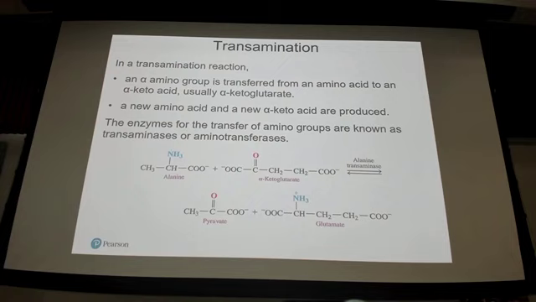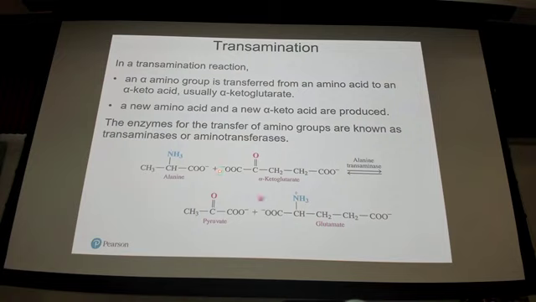In this reaction, the alpha amino group will be removed from an amino acid, typically to alpha ketoglutarate. In this reaction shown here, we have alanine and alpha ketoglutarate.